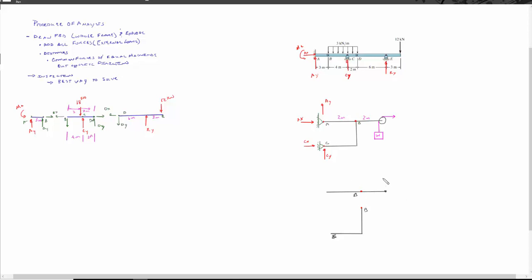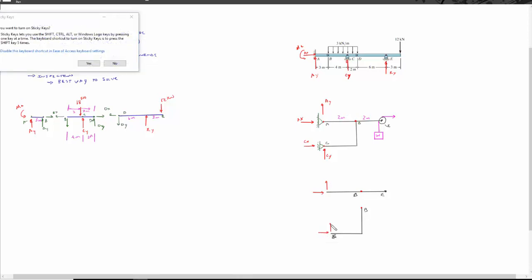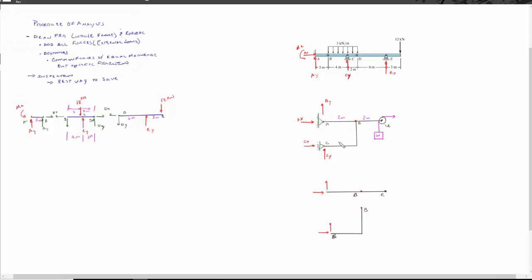And then we'll call this point right here point E. And then you would have all of your reaction forces on there, like so. Now reaction forces are the same.